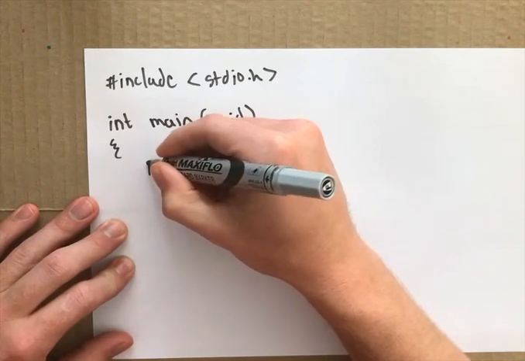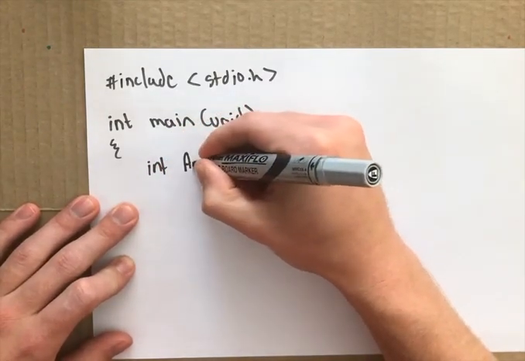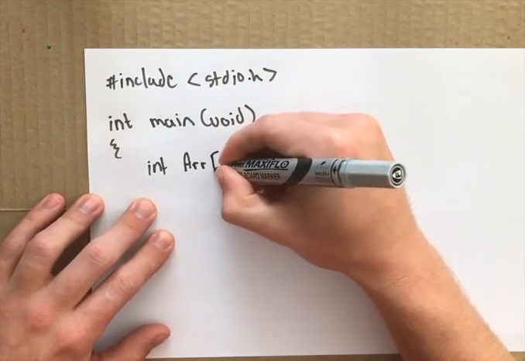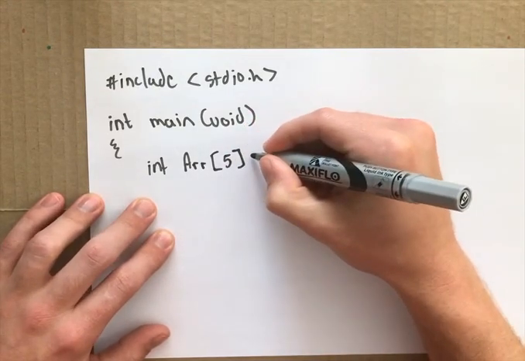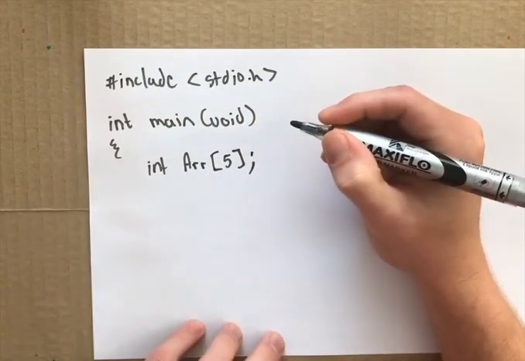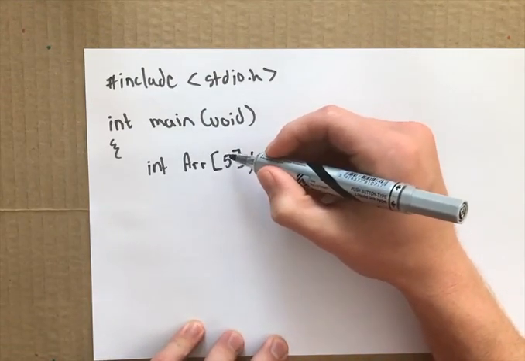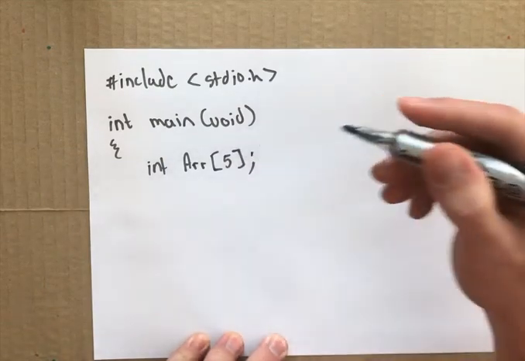And we create an array of type int. We call this array ARR. It's got a size of 5, semicolon. Now we want to set some of these elements inside the array to a certain value.